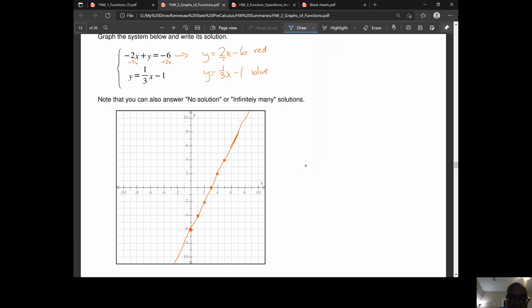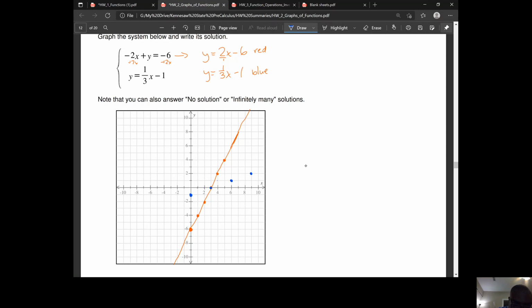All right, for the blue one, go to -1. And then the slope is 1/3. So up 1 over 3. Crosses there. Up 1 over 3, up 1 over 3.